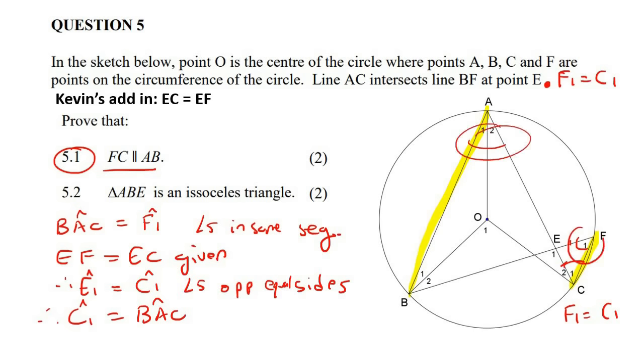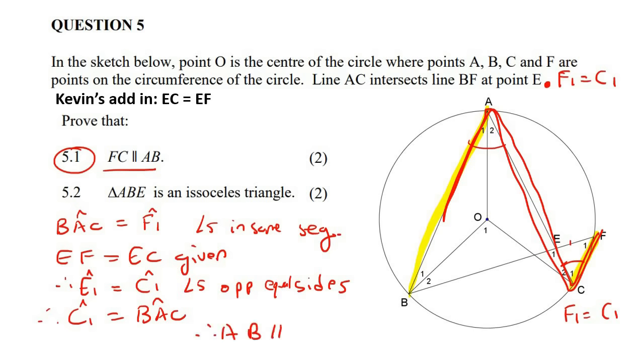If these two are the same, and then these two are the same, well then that naturally means that those two are the same. And that means that these two lines are parallel, because have a look here. Look at that, the alternating angles are equal. So we can then say, therefore, these two lines, AB and FC, must be parallel. Why? Because the alternating angles were equal.